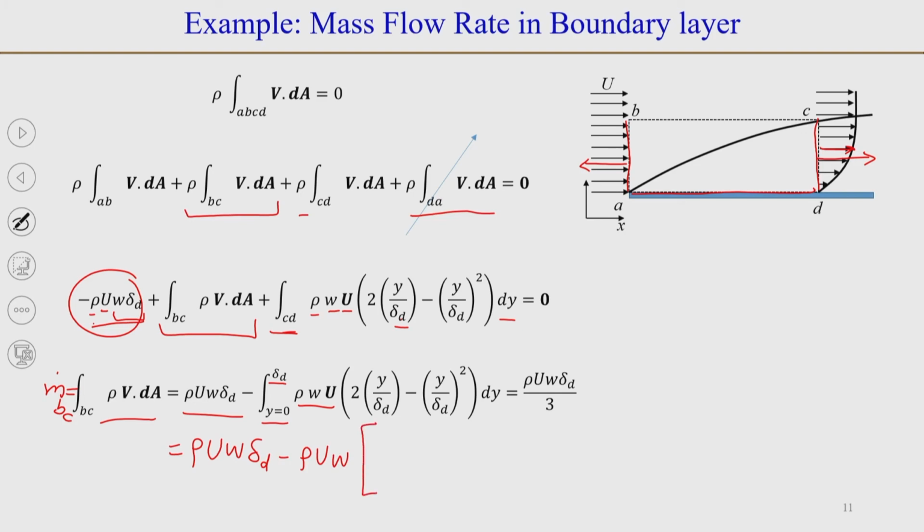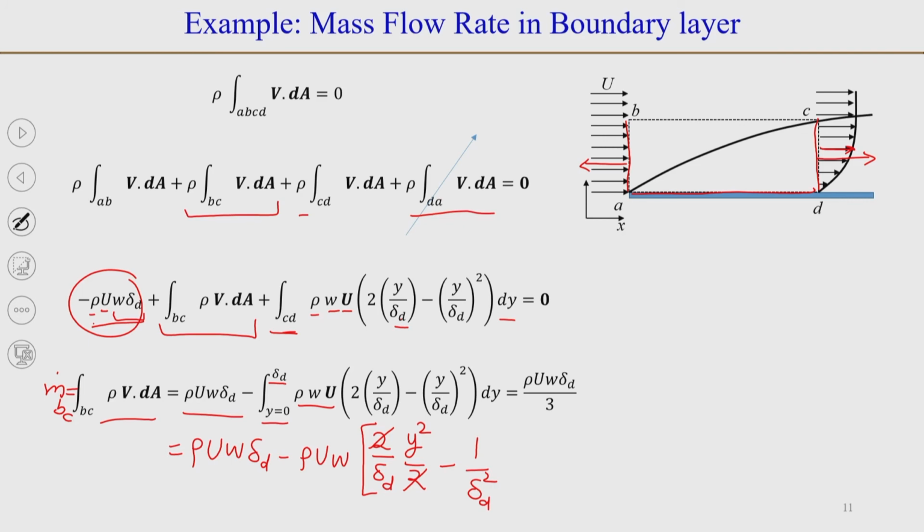When we integrate we will get 2 by delta d into y squared by 2. Both of them are constant, and the 2 and 2 will cancel out, minus 1 by delta d squared, which is constant with respect to y, because delta d varies with x.